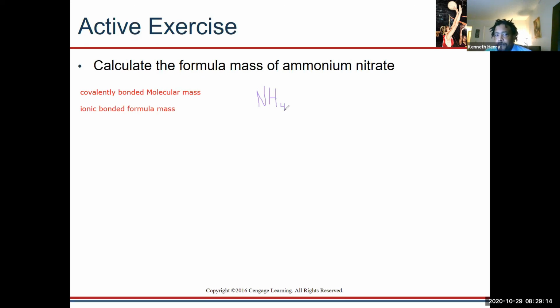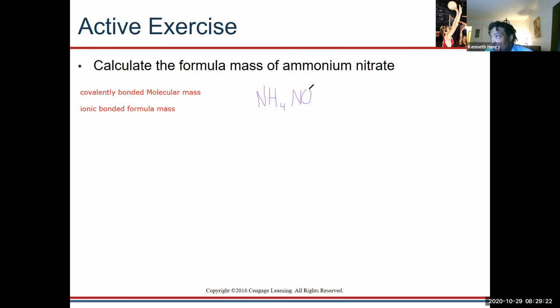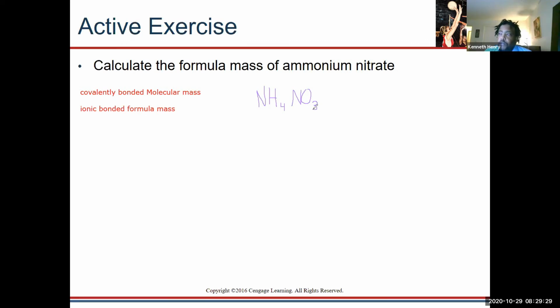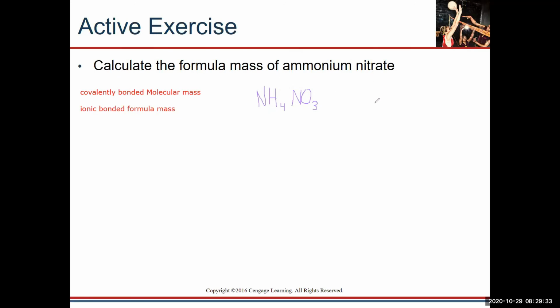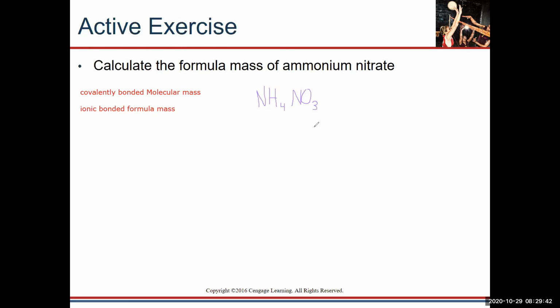And nitrate? NO3. Is it balanced? No, I don't think so. You don't think so? What is the charge on ammonium? Plus. And what is the charge on nitrate? Negative. So if I have one of each, is that going to equal 0? Yeah, so they are balanced.